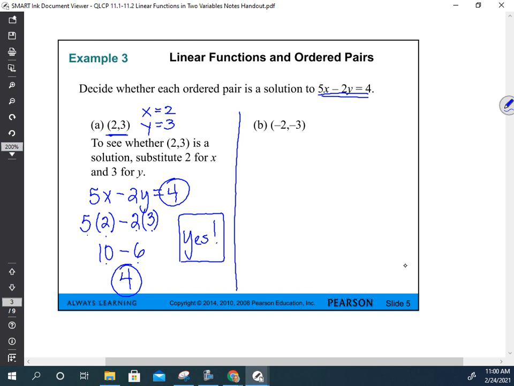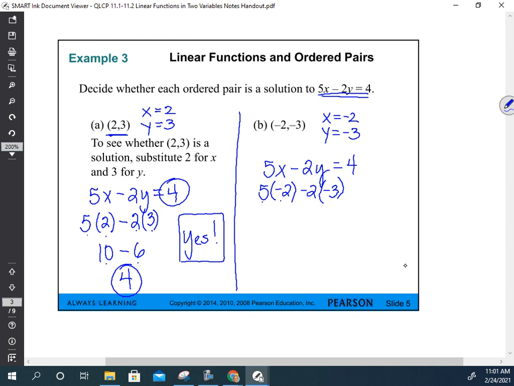All right. Part B, same rules apply. They gave us another ordered pair. We have to see if it works. So x equals -2 and y equals -3. So 5 times -2 minus 2 times -3. We have to get 4. If we don't get 4, then it's wrong. So let's go ahead and knock this out.